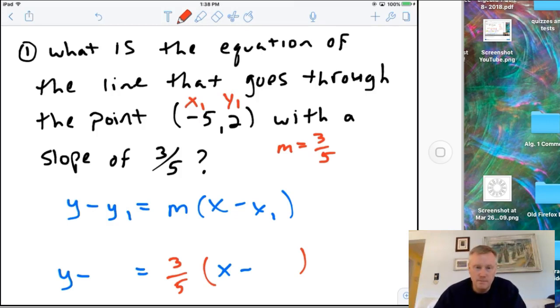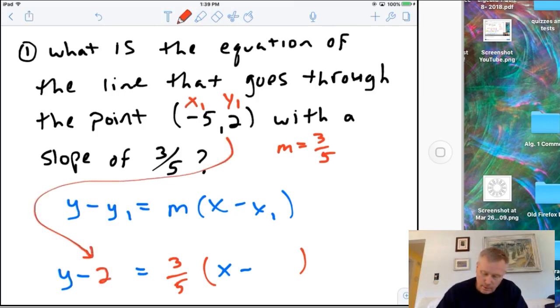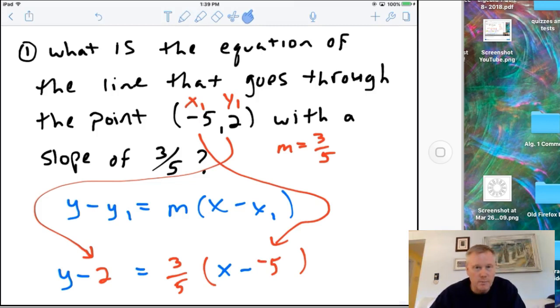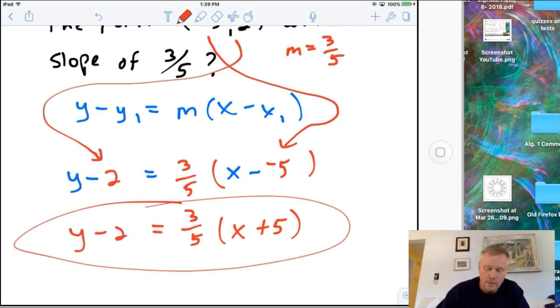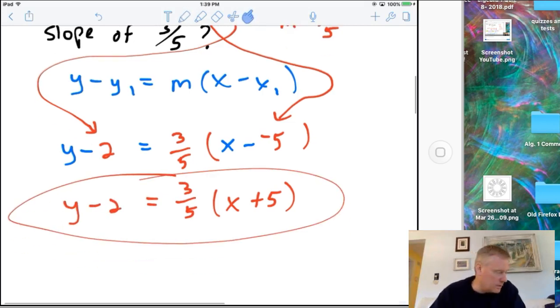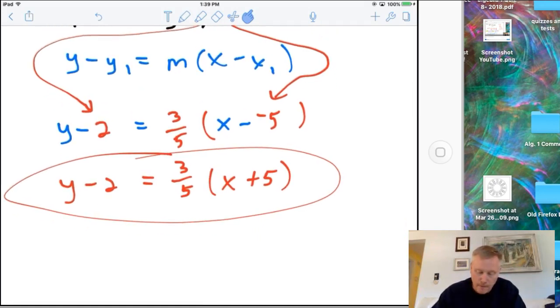So plugging these in, the y coordinate goes next to the y, and the x coordinate goes right next to the x. And the last thing I'm going to do is clean up any double negatives, which in this case there is one. X minus -5 becomes x plus 5. But everything else stays the same. And there's the answer to the first equation, okay?